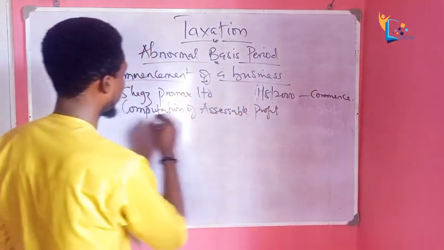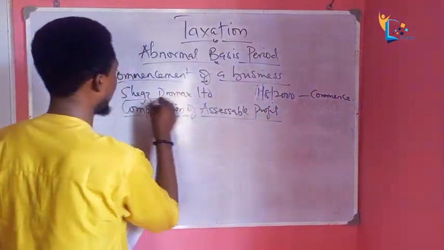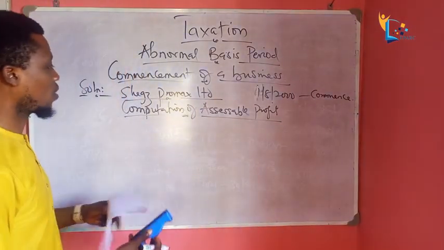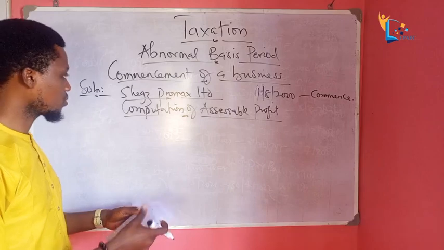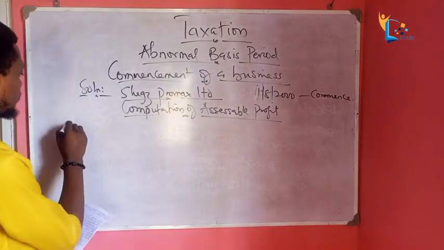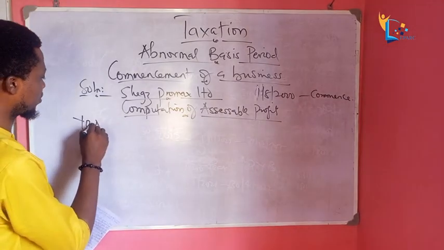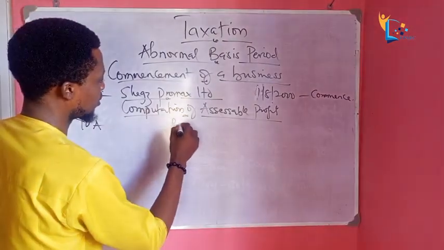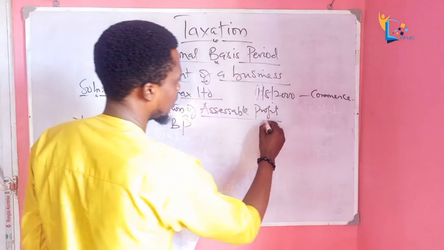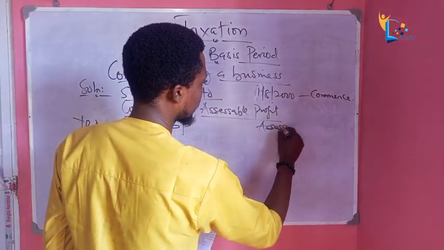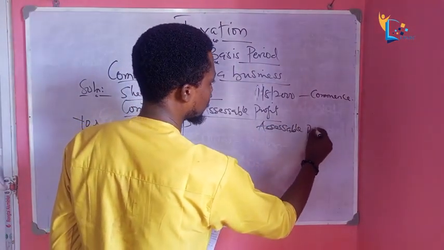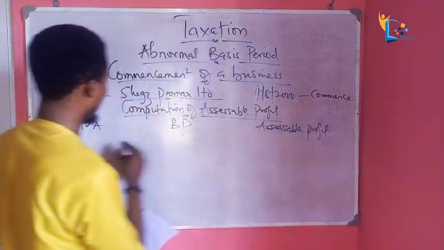This is our heading, okay? All right, so now we'll go. Let's have a heading here: year of assessment, preceding basis period, and assessable profits.